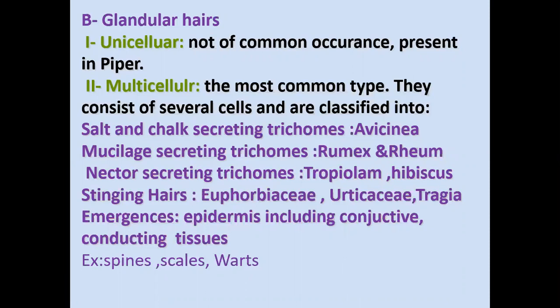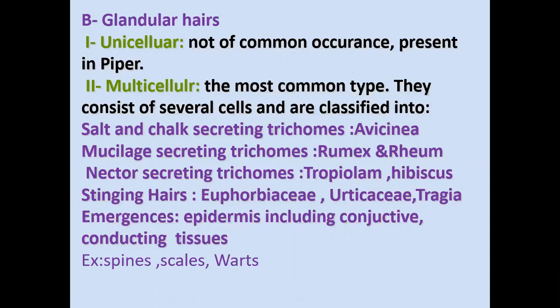Examples are Tropaeolum and hibiscus. Stinging hairs are another type, present in Euphorbiaceae and Urticaceae plant members. In these plants, the glandular hairs look like a hook. In Urtica dioica, the epidermis secretes some toxins which kill insects.